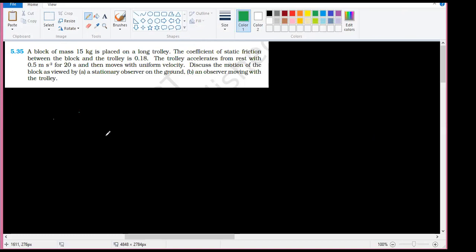A block of mass 15 kg is placed on a long trolley. The coefficient of static friction between the block and the trolley is 0.18.